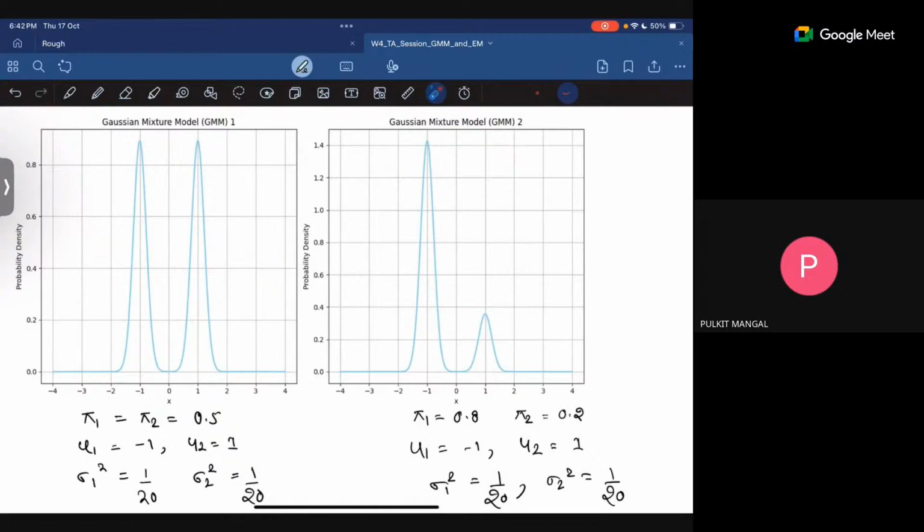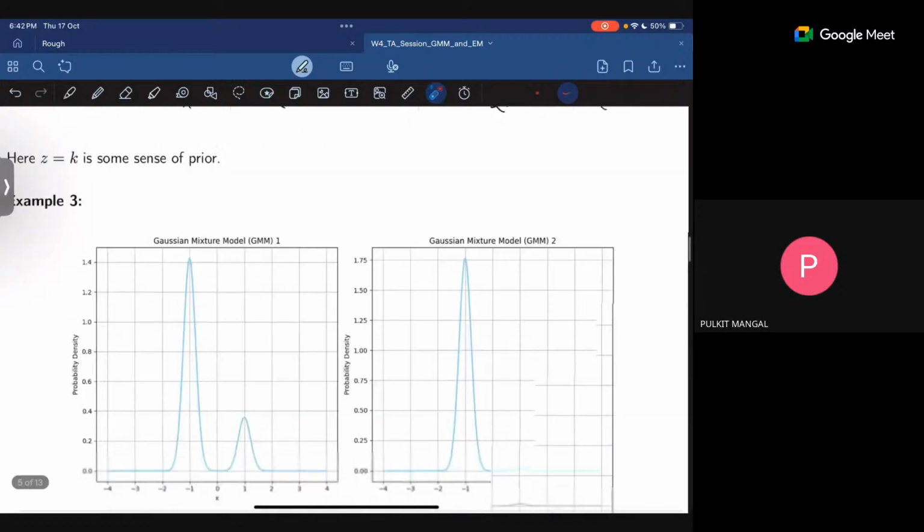In general, variance will also affect the height, because if the variance is more, the data is more spread out. But as the variance here is the same, the height gets more weightage, and based on that you guess which component has more dominance. Of course the variance part will also matter.